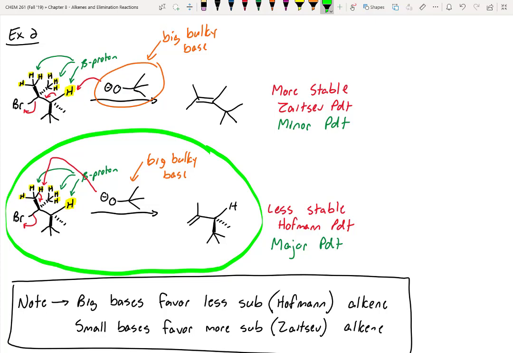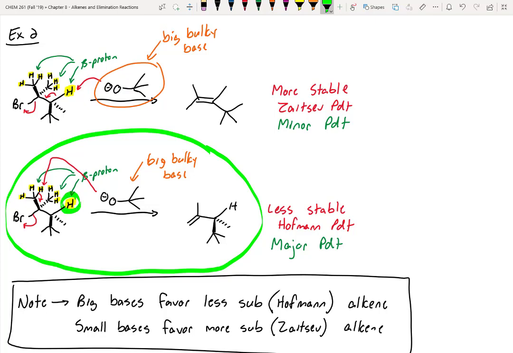Is it going to be as easy to grab this proton that's coming off the tertiary carbon, if you're that big bulky base? It would seem like it would be easier because there's not as much chaos on that side. I would argue it'd actually be harder to grab that solitary proton coming off a tertiary carbon, because it has to be aligned in that perfect direction. It's got a tert-butyl group around it, two methyl groups next door, and another methyl group coming off of it. So it's really crowded when you're trying to grab this proton with a big bulky base.